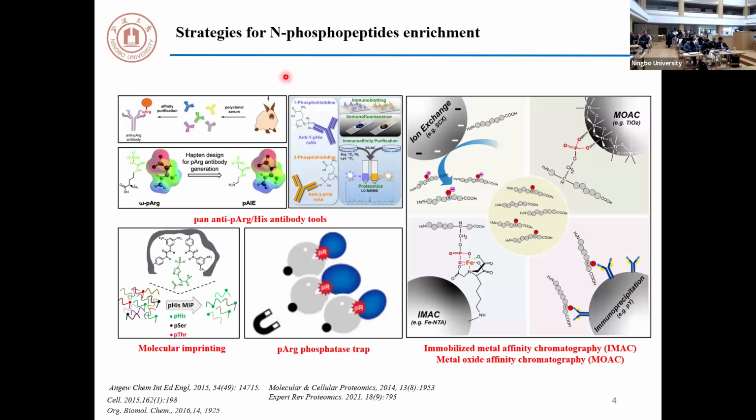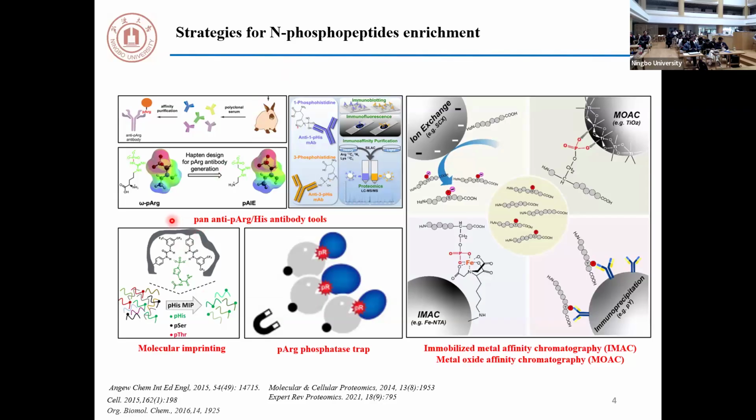So in the past years, great efforts have been made for nitrogen phosphorylation identification, especially methods or tools for nitrogen phosphopeptide enrichment, such as antibody tools.